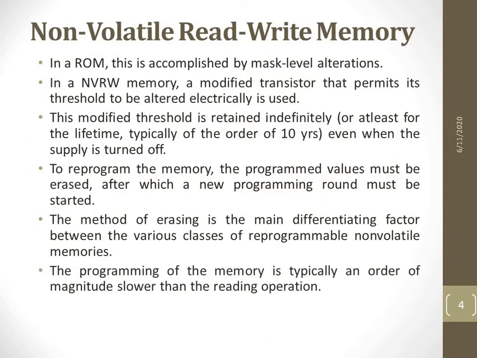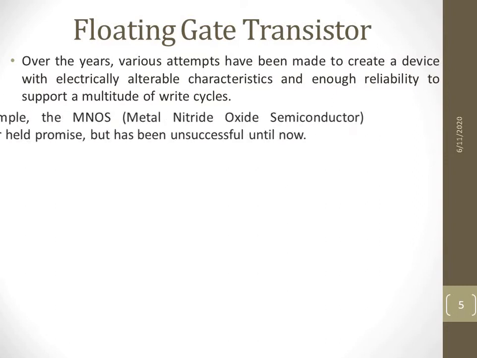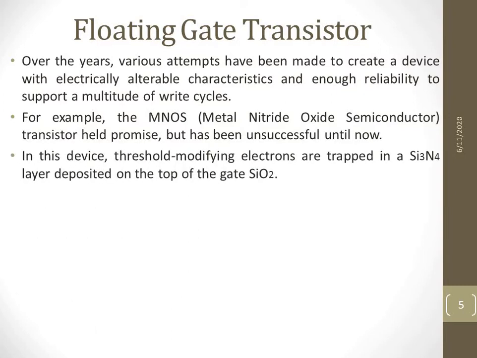The programming of the memory is typically an order of magnitude slower than the reading operation. Over the years, various attempts have been made to create a device with electrically alterable characteristics and enough reliability to support a multitude of write cycles. For example, metal nitride oxide semiconductor transistor held promise, but it is unsuccessful until now.